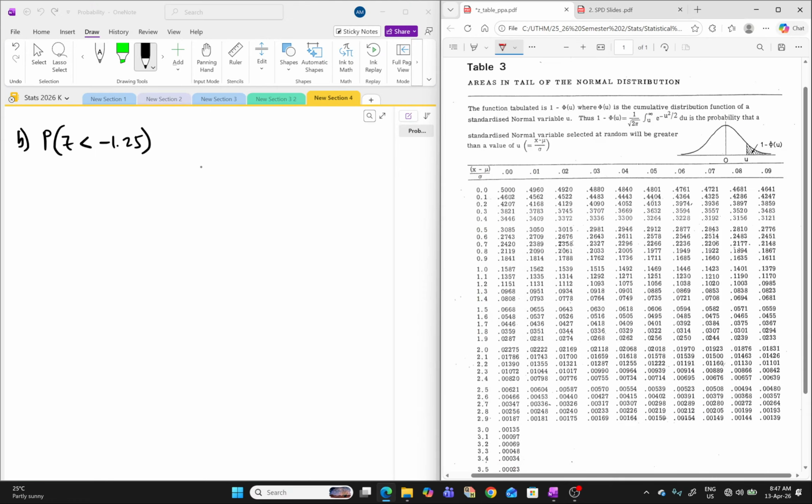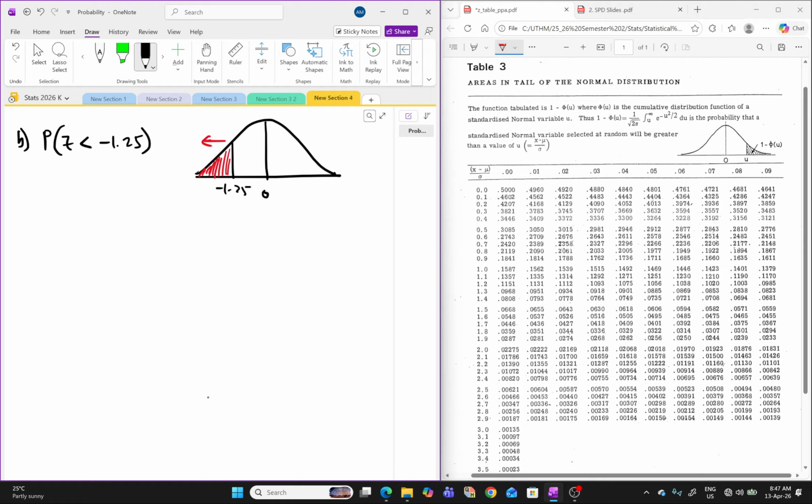If I want to draw the graph, now no more putting the value, just shape 0 here, that's it. Negative 1.25 somewhere here. And where is the shaded part? Ditunjuk ke arah sebelah yang ini. But then, as I told you, this is on the left hand side.